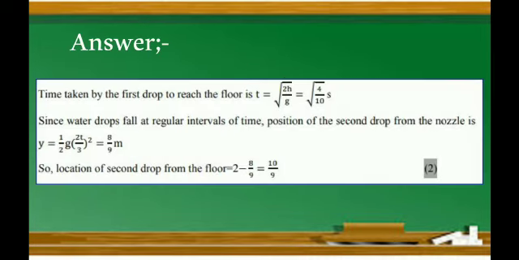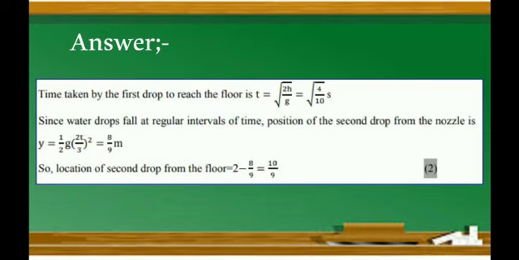Answer is here like this. Time taken by the first drop to reach the floor is T is equal to root 2h by g is equal to 4 by 10 seconds. Since water drops fall at regular intervals of time, position of the second drop from the nozzle is y is equal to half g (2t by 3) square is equal to 8 by 9 meter.